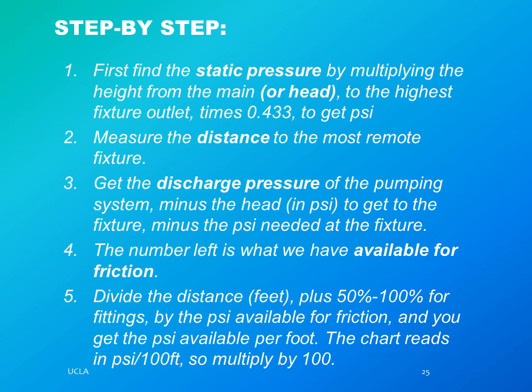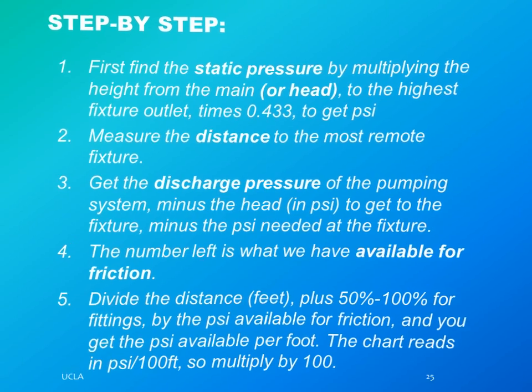So 50% is a pretty good cushion and it will give you pretty good results, and you'll see that it won't affect the results really that much. It's not really oversizing anything. And you get the PSI available per foot. Chart reads in PSI per 100 feet, so multiply by 100.